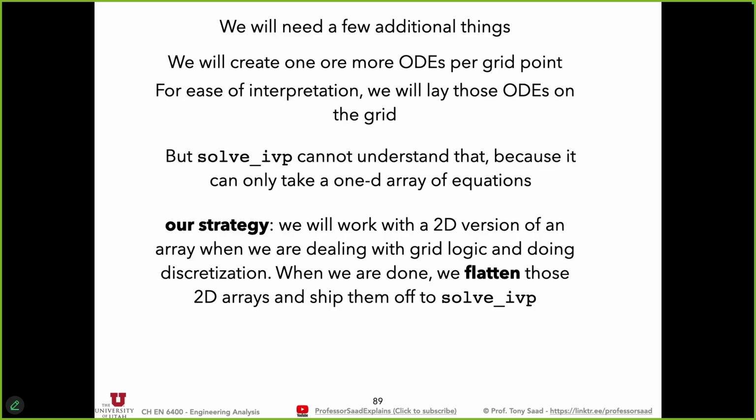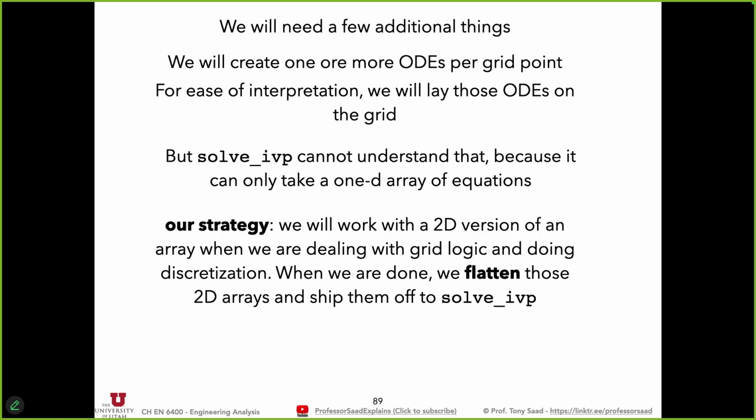Once we are done building the right-hand sides and the discretization and everything, with one line of code, we will convert any 2D arrays we're dealing with into a 1D array using something from NumPy called numpy.flatten. So we flatten the arrays, which converts them into a 1D array. We will flatten the 2D arrays and send them to Solve IVP.